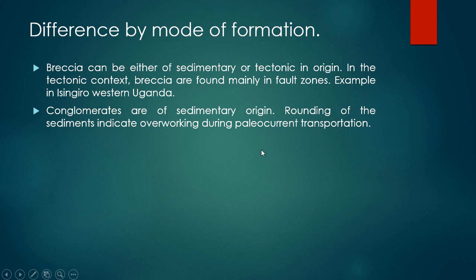So conglomerates are mainly sedimentary in origin, and they can show us that sediments might have traveled a longer distance during transportation, and the overworking results in them knocking each other as they travel, resulting in the rounding of the sediments. So the edges became smoother due to overworking. That's why the sediments in conglomerates are rounded compared to breccias.